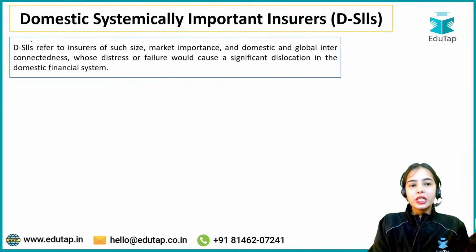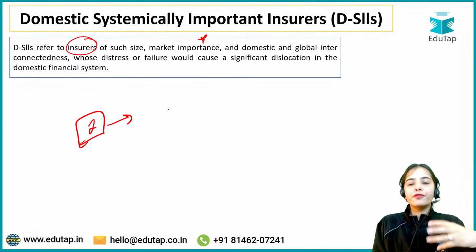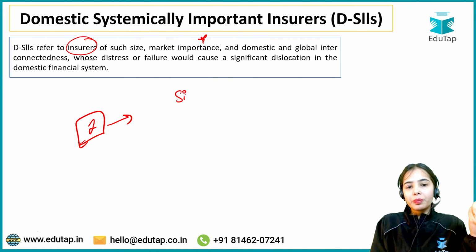Domestic systemically important insurers refer to insurers of such size, market importance and domestic and global interconnectedness. So they are very important on the basis of their size, market importance, domestic and global interconnectedness.